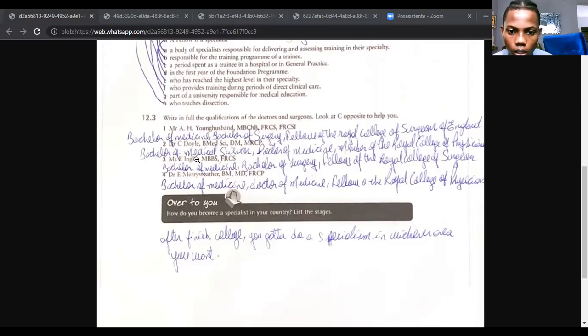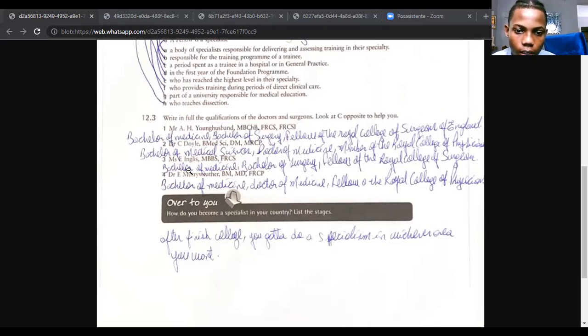Dr. C. Donnelly, BMedSci, DM, MRCP: Bachelor of Medical Science, Doctor of Medicine, Member of the Royal College of Physicians.